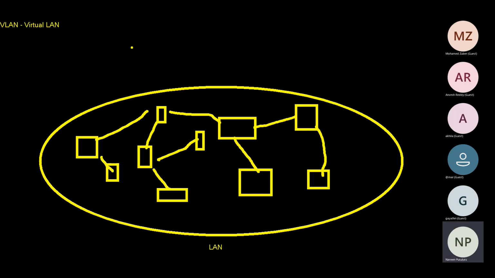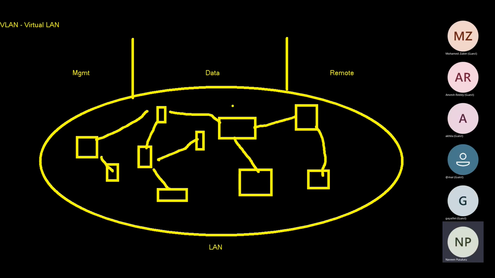Again, they can divide this LAN into VLANs on their end. They can divide this network into virtual networks, like management network, data network, remote network, something like that.